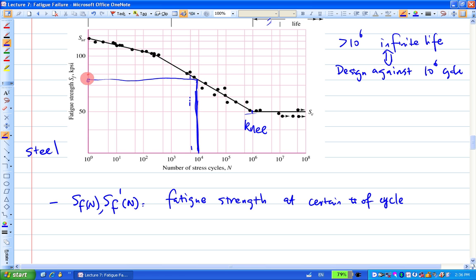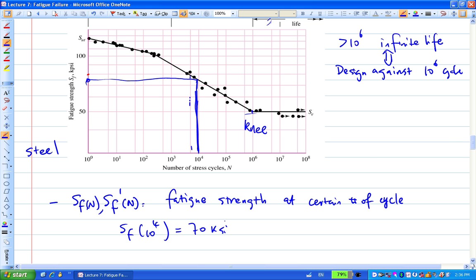That's basically the fatigue strength at 10 to the power 4. So this is SF at 10 to the power 4, which is roughly about 70 KSI in this diagram. That's how you read it.